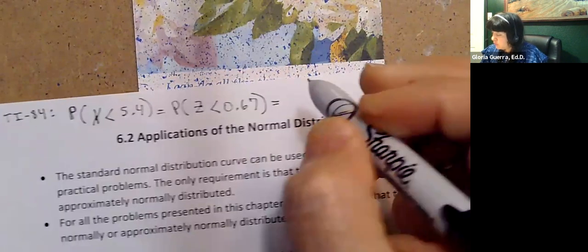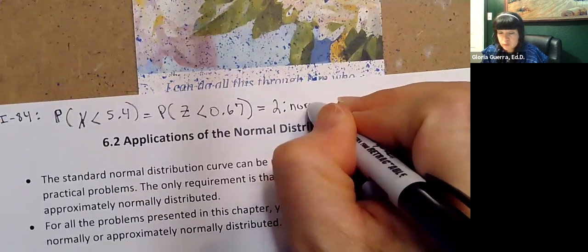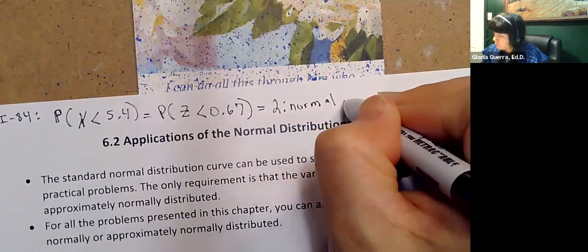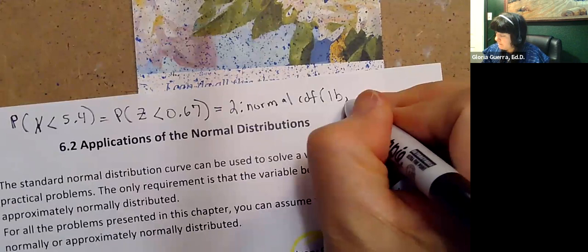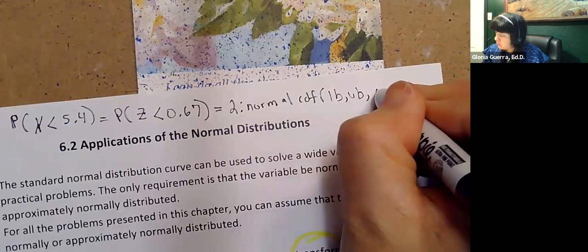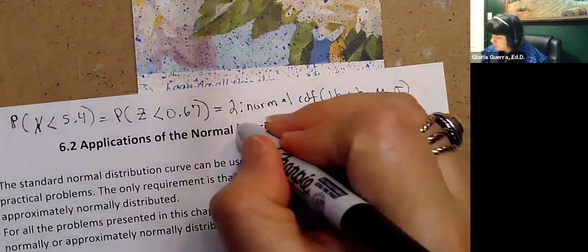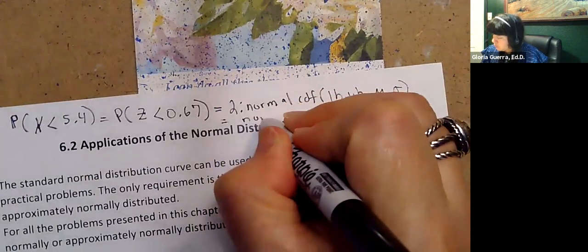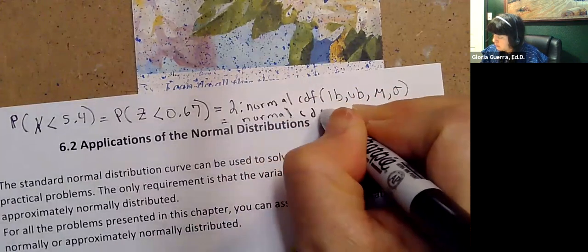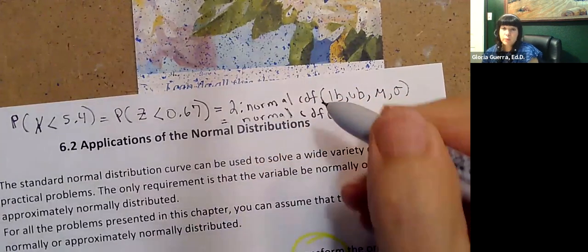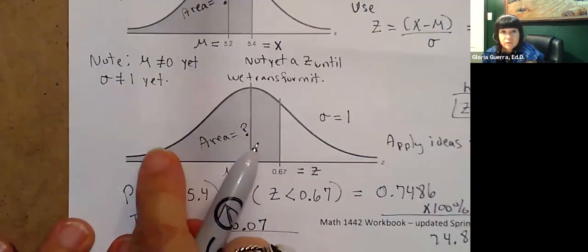So remember, we're using normalCDF: lower bound, upper bound, mu, and sigma. So this is equal to normalCDF. Now remember, lower bound, remember we read graphs from left to right.